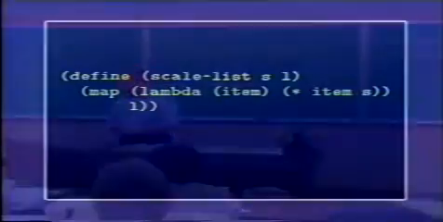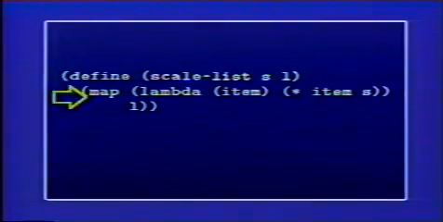But I could say scale list is, another way to define it is just map along the list by the procedure which takes an item and multiplies it by s. Right, so this is really the way I should think about scaling a list. Build that actual recursion into the general strategy, not into every particular procedure I write.